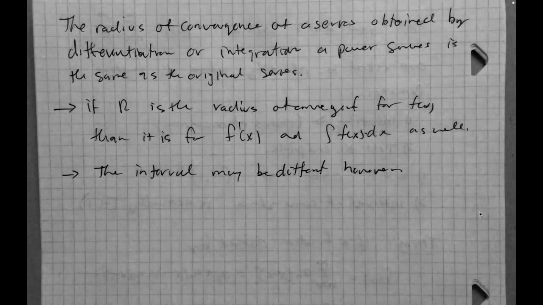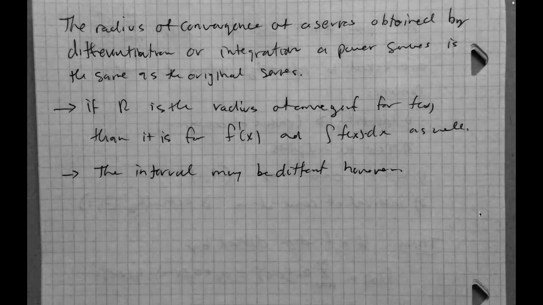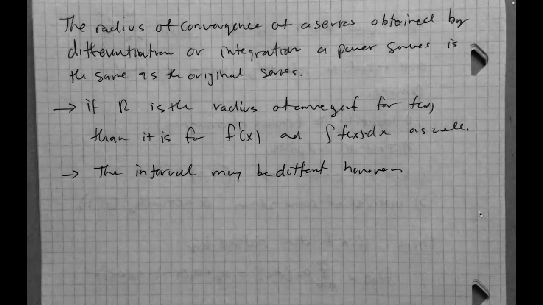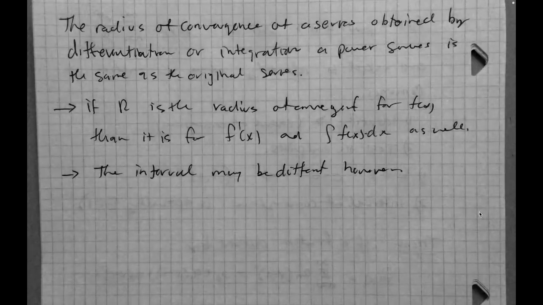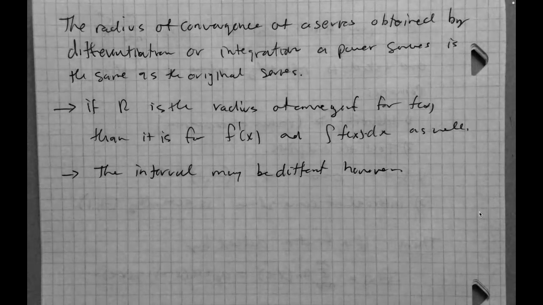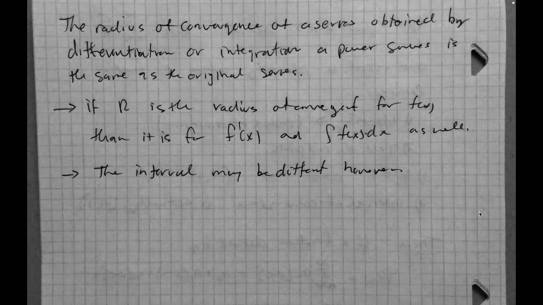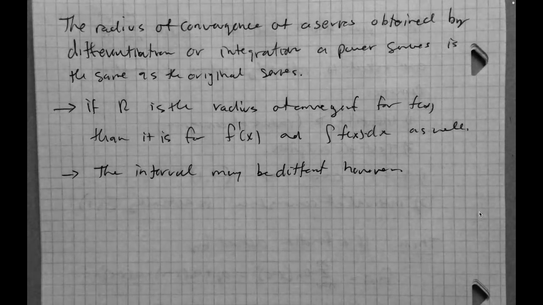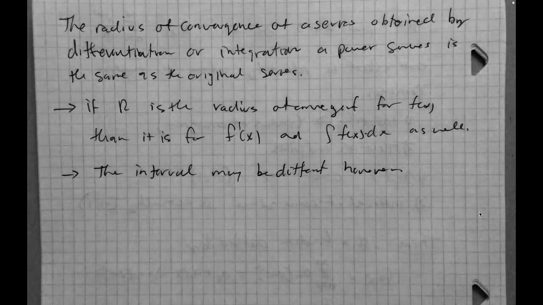Well, the power series is going to remain centered at c, and so if the radius is the same, but the interval may be different, that basically means the endpoints could vary. Okay, so we'll get into some examples where we explore this a little bit, but that's the basic result of the theorem, right?